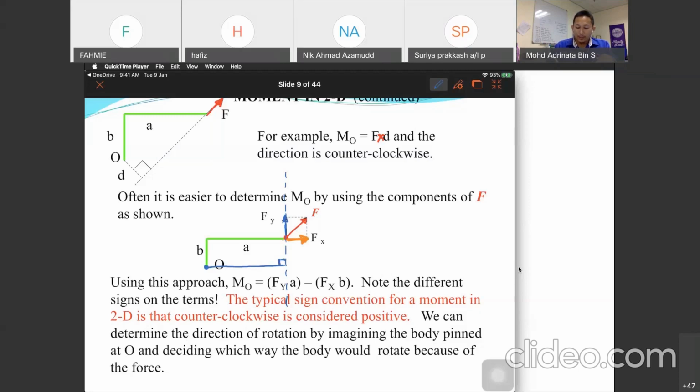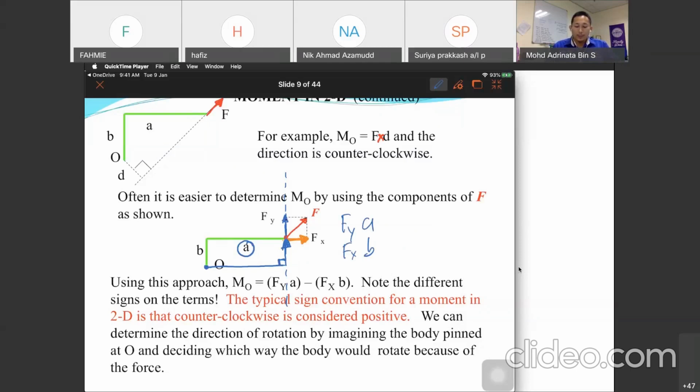So Fy times our a, where a is the distance for the moment of force Y. Using this approach, we have Fy times a and also Fx times b.